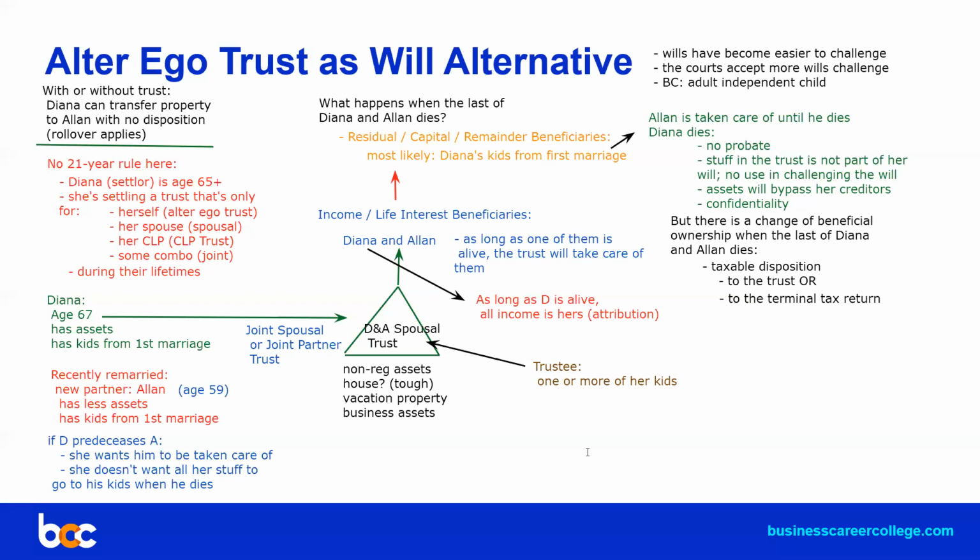Okay. And then the other thing, the 21-year rule, so that you have to be over 65 when you set this up. That's right. So that's the key to this alter ego. And if you're under age 65, if you set up one of these, then the 21-year rule applies. Right. And sorry, Shauna, I should have mentioned that.